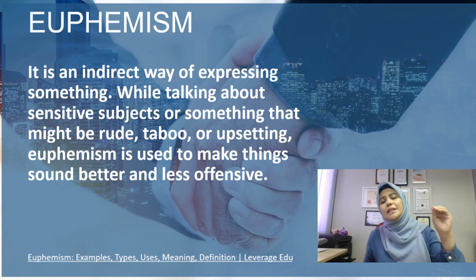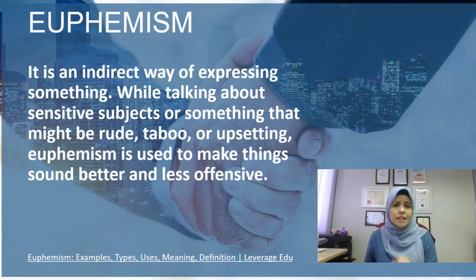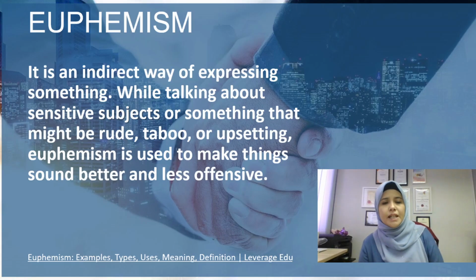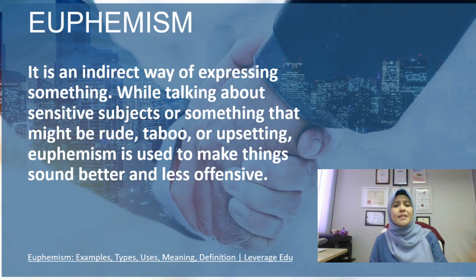Now we go a little bit in depth in terms of language per se, which we always use. We call it euphemism, which is an indirect way of expressing something while talking about sensitive subjects. Sometimes we talk about sensitive subjects, for example, a person died.